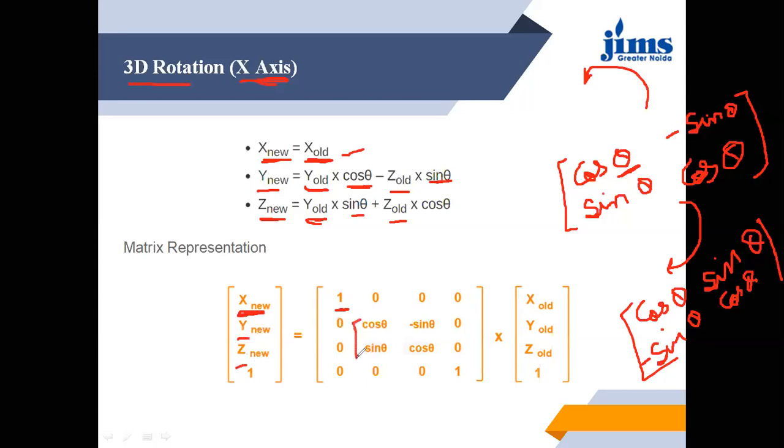The matrix for that is the same 2D matrix, but keep in mind that we use it with respect to y and z only, so we are not using it in the case of x.